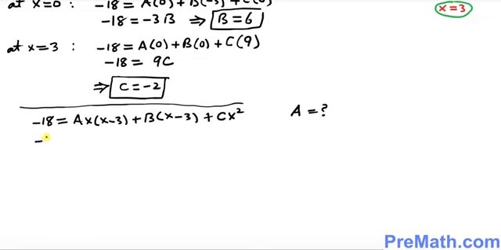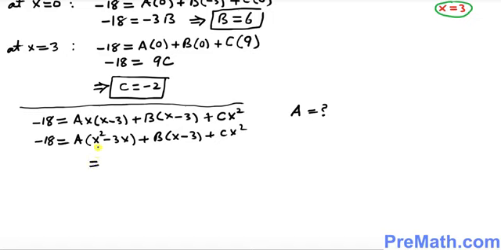So negative 18 equals, here I want you to just distribute, so this simply becomes a times x square minus 3x, isn't it? And this is plus b times x minus 3 plus cx square. So let's do this thing over here.